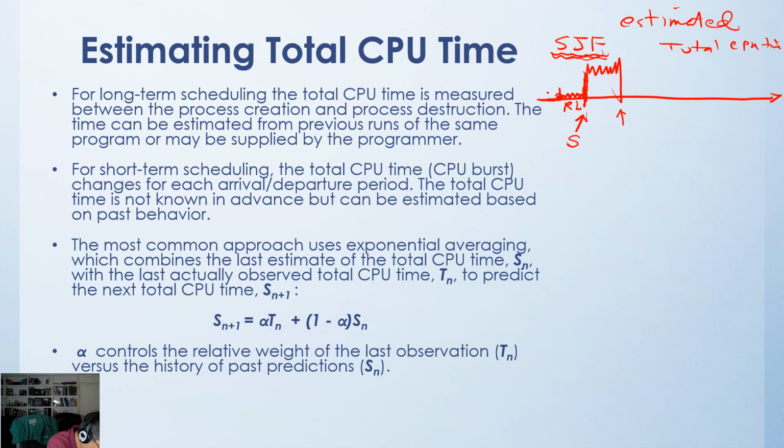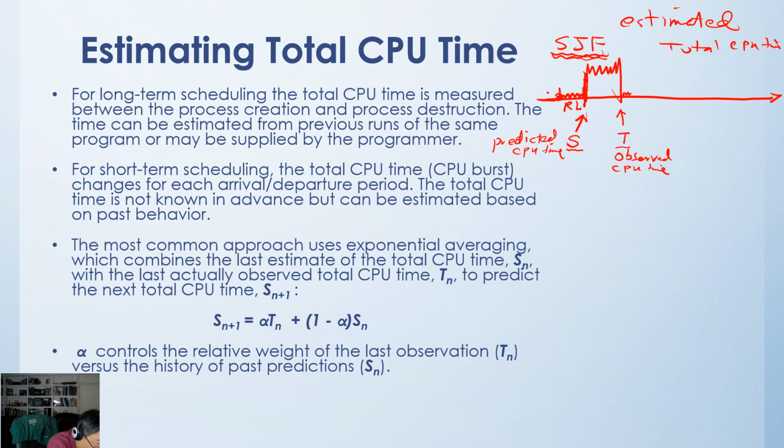We use S, or sometimes we call it the predicted CPU time. And the observed one is the actual CPU time. So now we have the predicted CPU time and the observed CPU time, which is the actual CPU time.